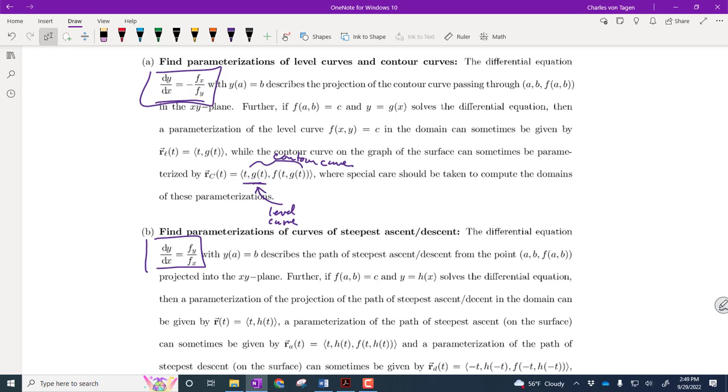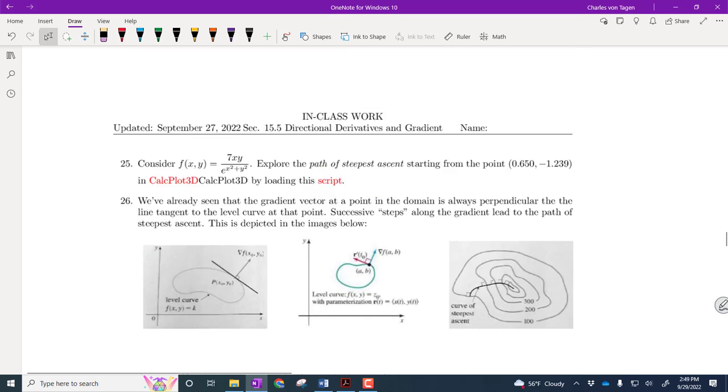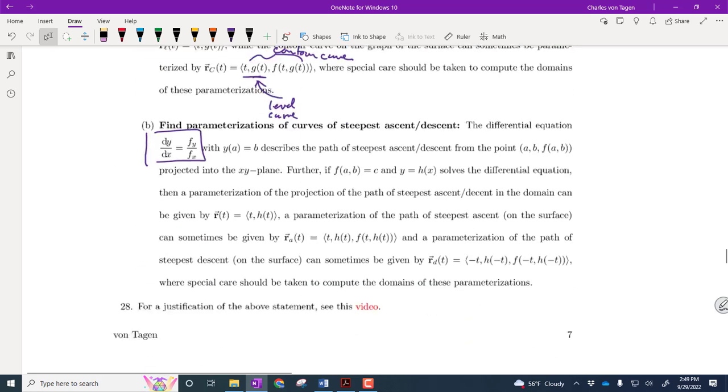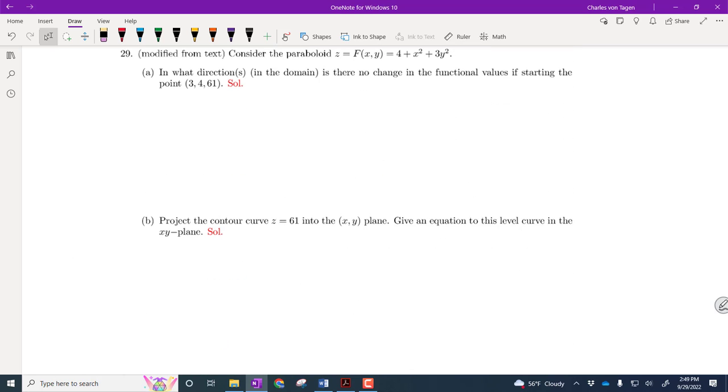Does it make sense that these 2 are orthogonal to each other? Look at this. It's the negative reciprocal. That's what you do when you find a perpendicular slope. That's exactly what this said, right? The gradient is always orthogonal to a level curve line. Okay. So with all of that, we can now go ahead and do some of these problems.